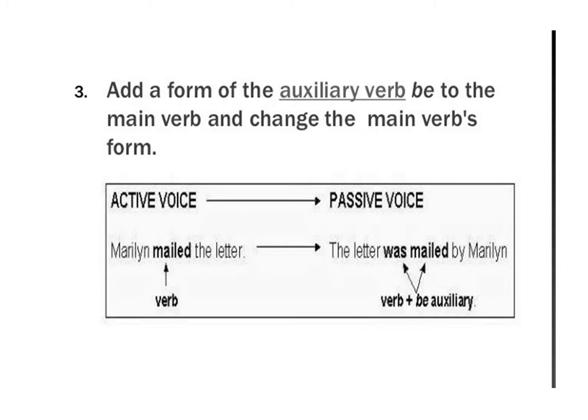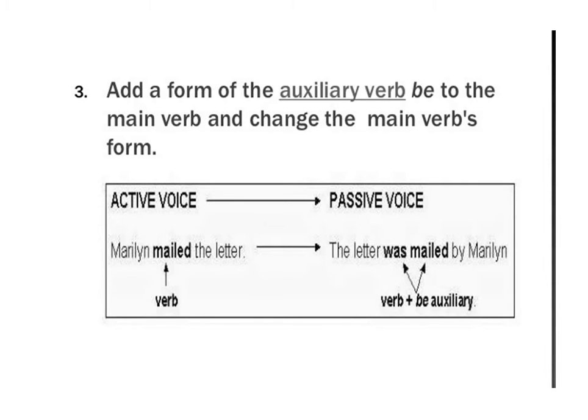If the tense of the main verb is present, then we have to add the auxiliary before the main verb according to the present tense. If the tense of the main verb is past, then we add the auxiliary before the main verb according to the past tense.